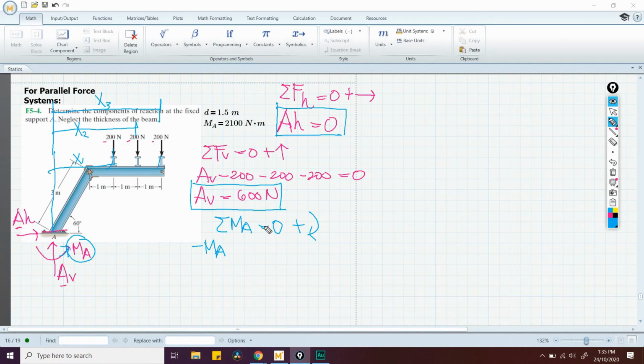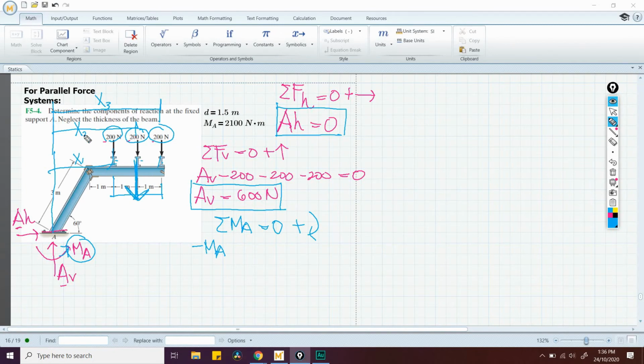Kaso, hahaba yung equation natin kapag ganyan. Ngayon, pag obserbahan natin yung ating beam dito, pare-pareho silang 200. Tapos, equidistant silang tatlo. So, kung equidistant sila, pare-pareho sila ng distansya sa isa't isa, then the resultant of these three forces ay tatama lang dito sa gitna nila.